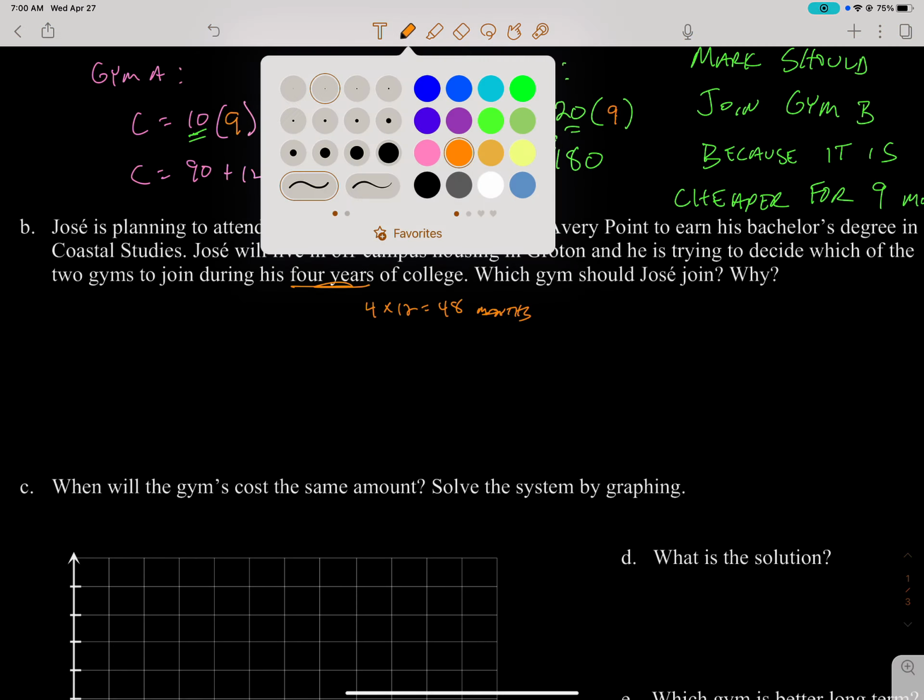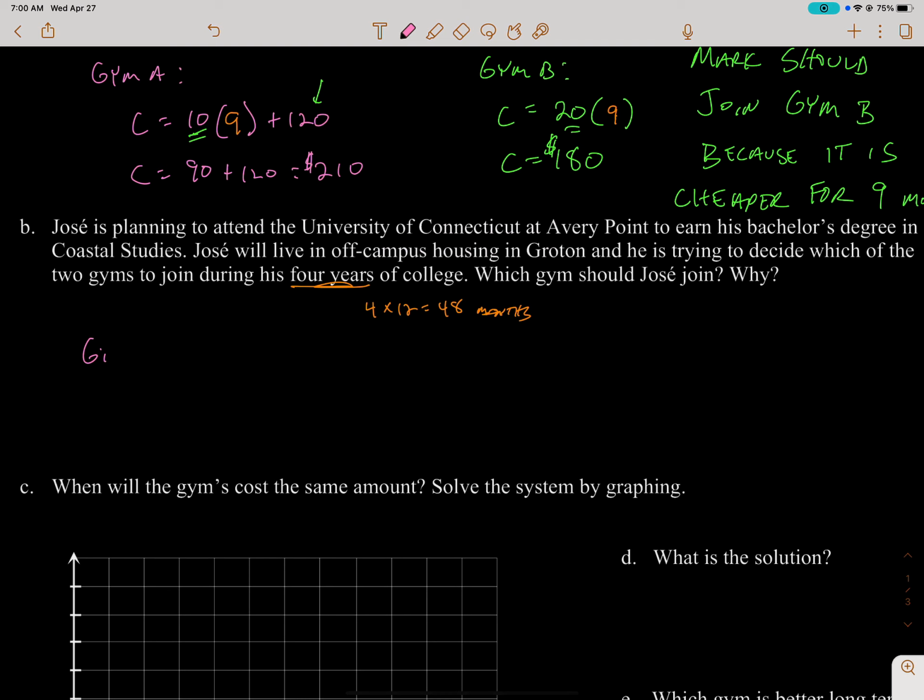All right, so for Gym A, the cost is going to be 10 times 48 months, plus 120, which was the initial fee. So that cost is going to be 10 times 48 is 480 plus the 120.